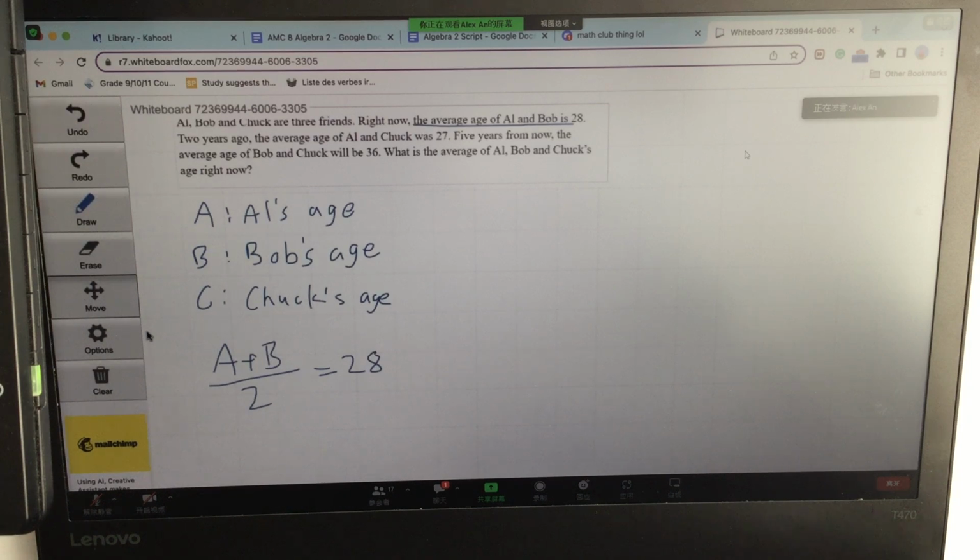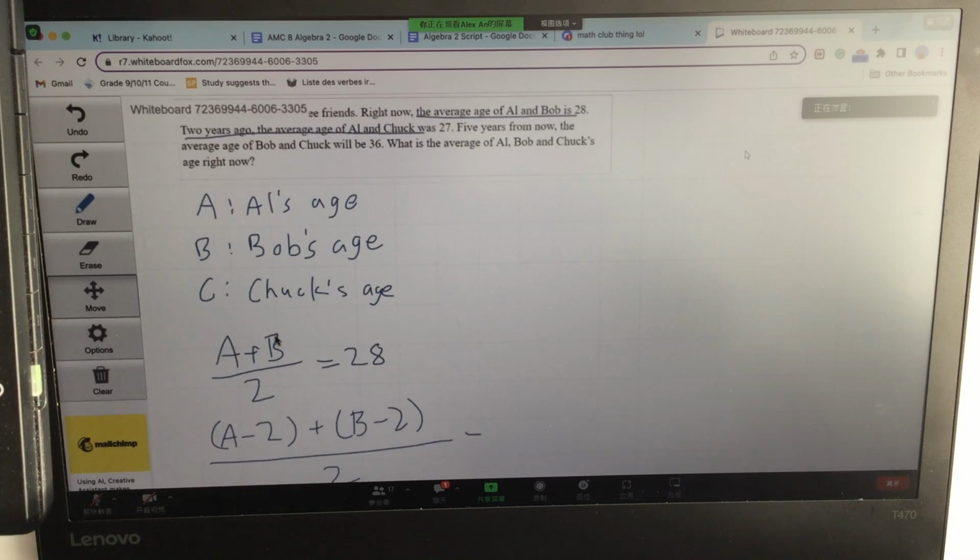And it says 2 years ago, the average age of Al and Chuck was 27. So 2 years ago, Al is A minus 2 years old. And likewise, 2 years ago, Chuck is C minus 2 years old, because 2 years ago you're 2 years younger, so your age will be 2 less. And then it's just the average of that, and it says it's 27.